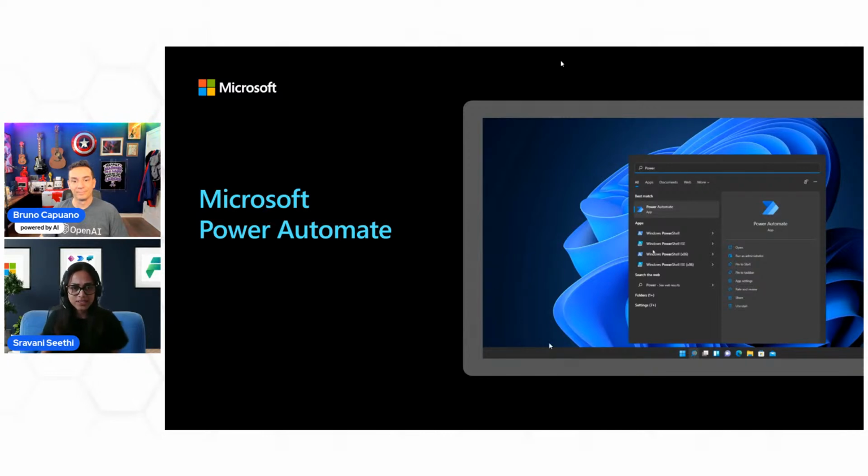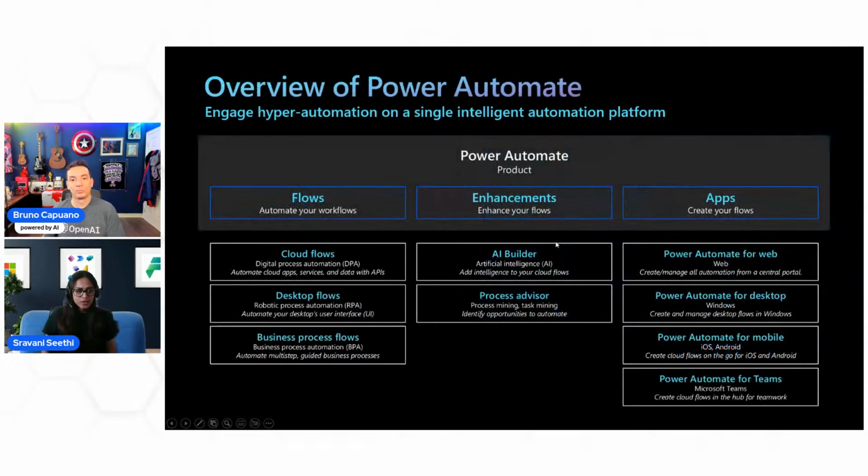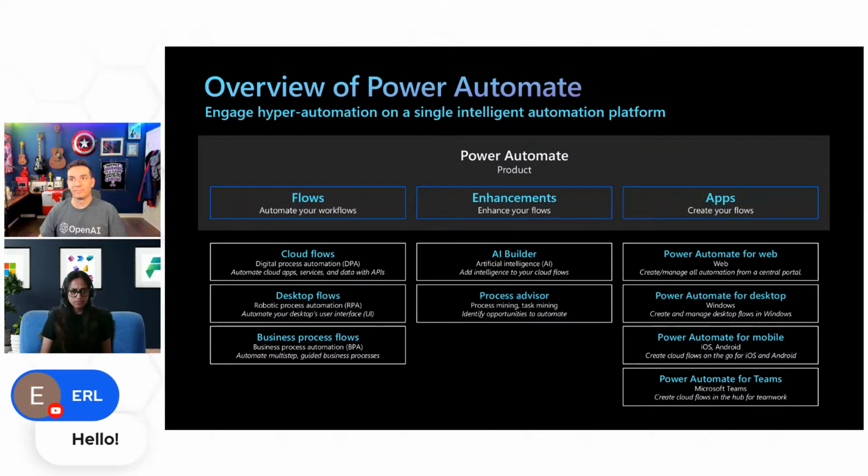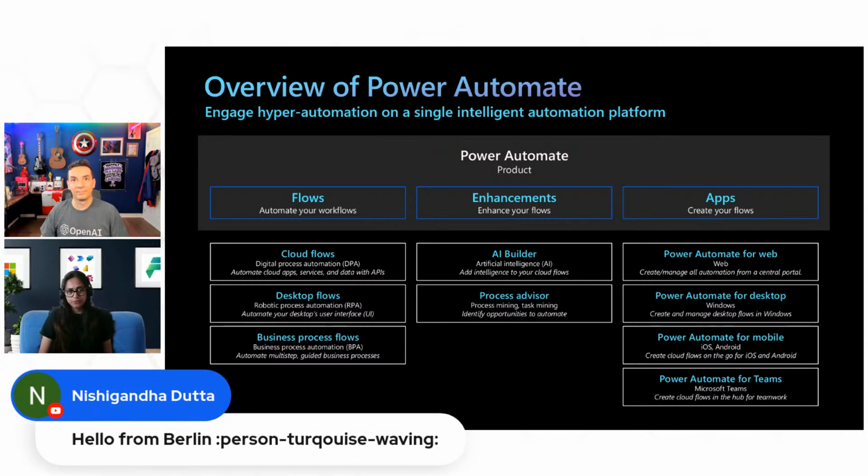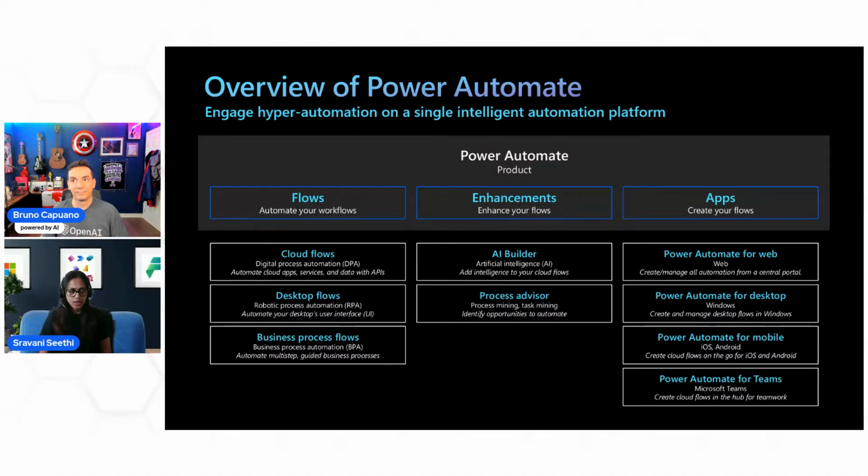And next slide, please, Bruno. So just an overview, you might be familiar with the tool, but if you're not, on a very high level, there are 3 types of Power Automate flows. The first one is cloud flows, which will be our topic of focus for most of our session today.